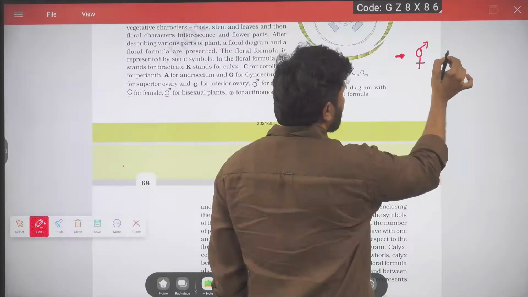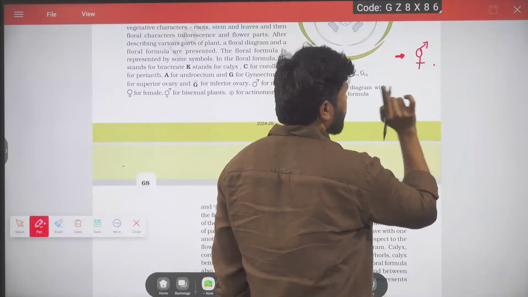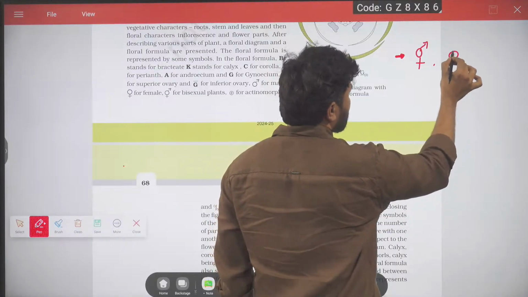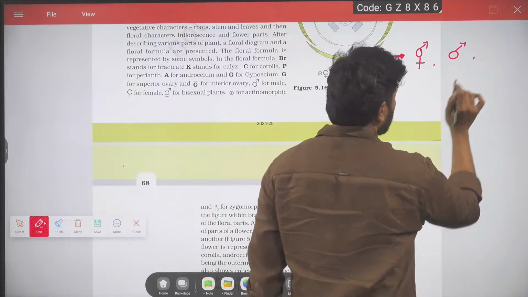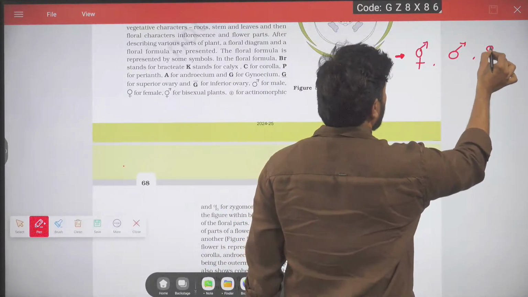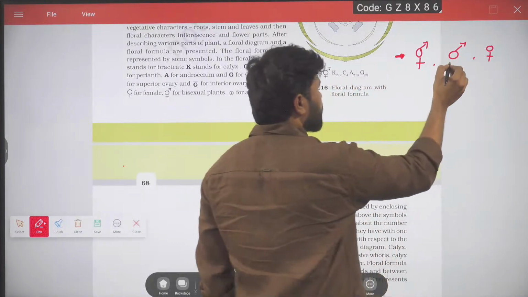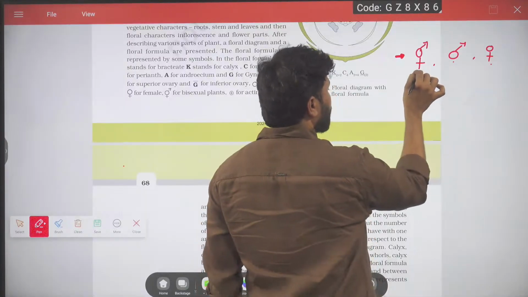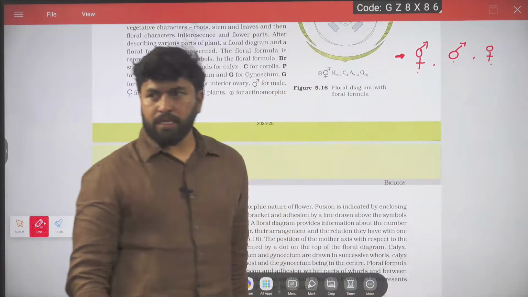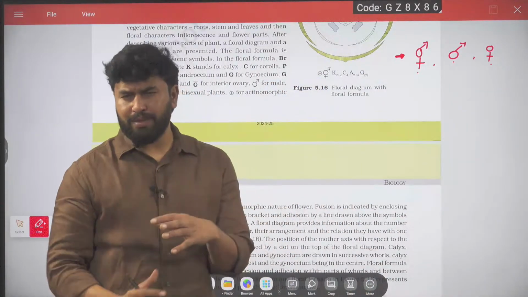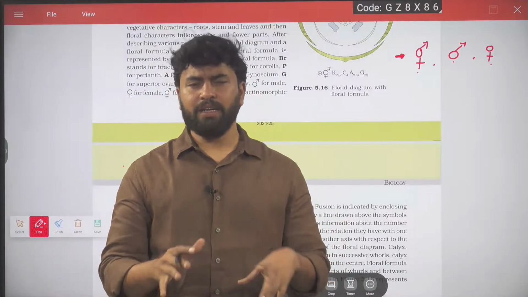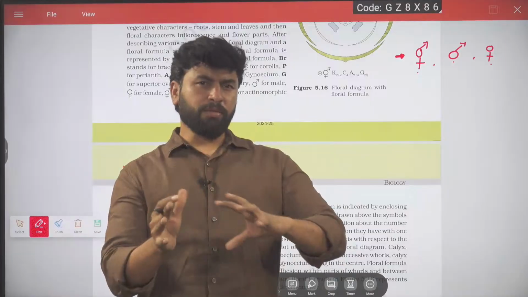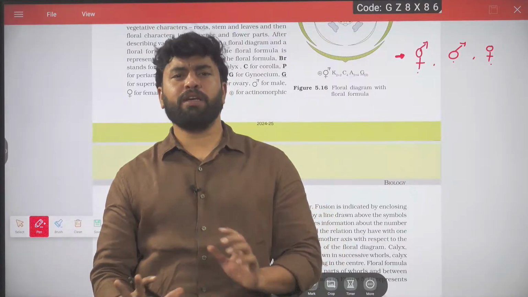If it is unisexual, if it is staminate, staminate means male flower, and if it is pistillate, only female flowers. This is male flower, female flower, hermaphrodite, bisexual flower. These are the symbols. We need not memorize them separately. Just one or two times practice, they are going to be familiar to you.